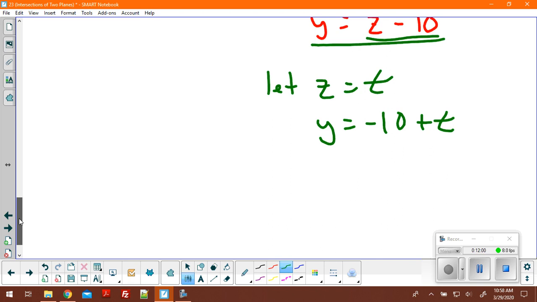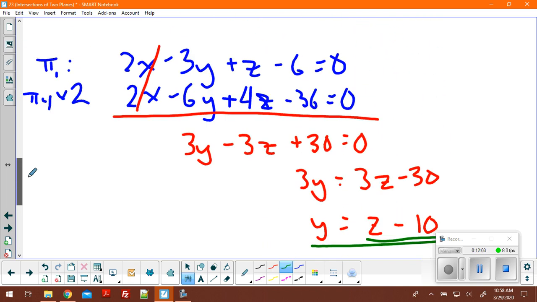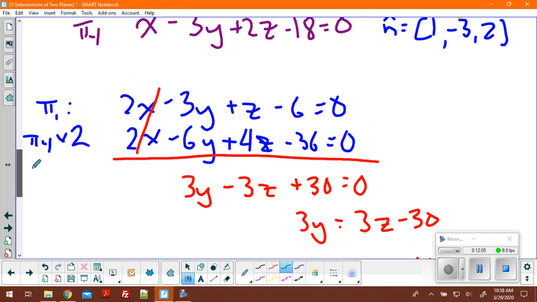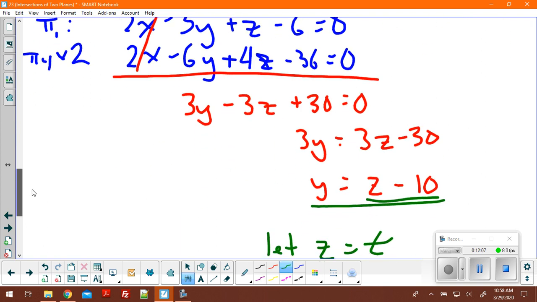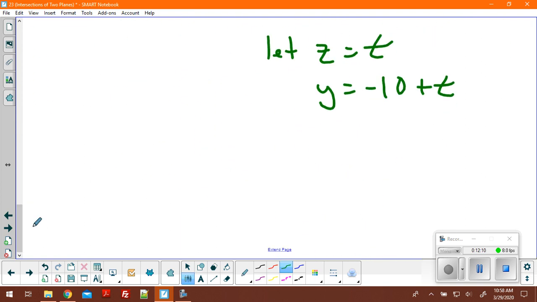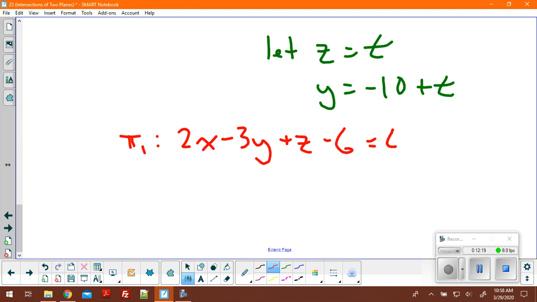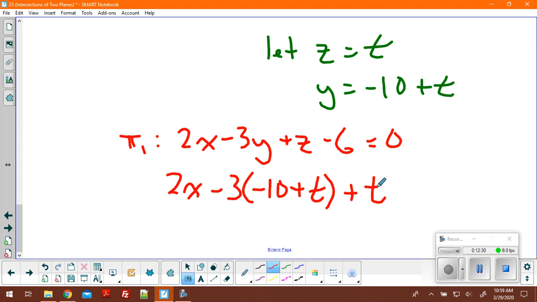And now I need to solve for x, so I need to go back into one of my equations. Doesn't really matter. Let's take that first one and solve it for x. So again, my equation pi 1 was 2x minus 3y plus z minus 6 equals 0. So now I'll sub in. I have 2x minus 3 times negative 10 plus t, I'm letting z equal t, minus 6 equals 0.